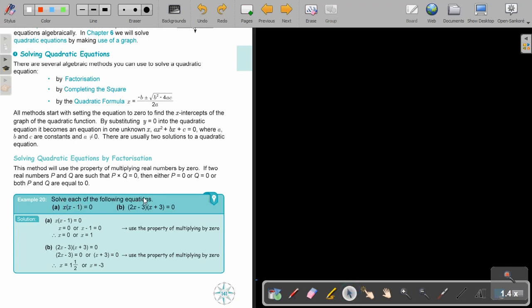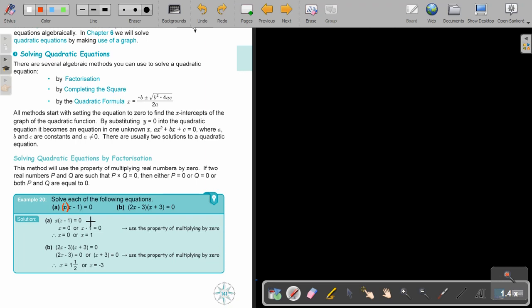Solve each of the following equations. Now in this case, it's almost like that x in front is also in a bracket. So it's actually that p times q equals 0. So it's either this bracket that's 0, or this bracket that will be 0. And that's what I'm writing there. So then I just solve the two linear equations. So x is 0.